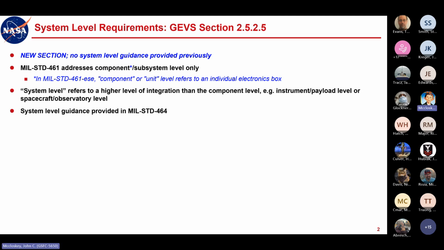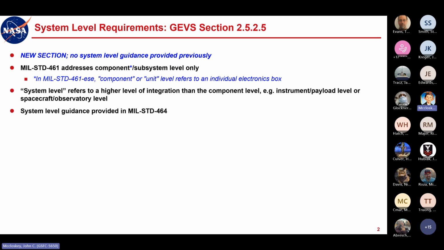So there is some system level guidance provided in MIL Standard 464, and I really will emphasize guidance. It's not at all along the lines of MIL Standard 461, which is very explicit about at least the test methods. You do CS 101 this way, and then there are default limits that you can tailor and so forth.